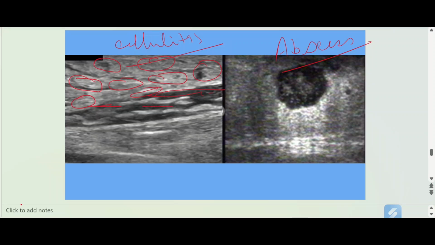Black, black, these are fluid filled paraseptal spaces. But this is not localized. There is no localized collection. On the other hand, for abscess, there is a localized collection, well-defined margins, hypoechoic area, and most importantly, posterior enhancement. Fine.